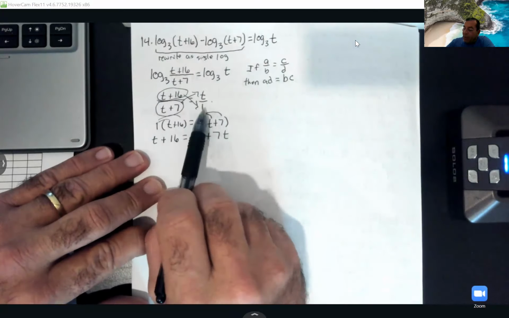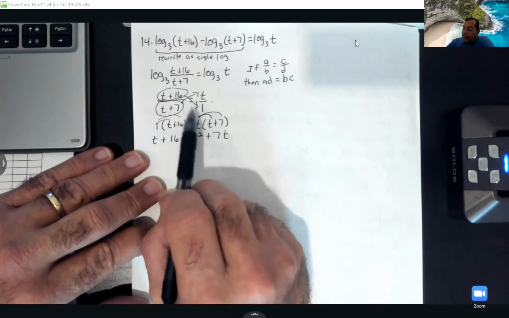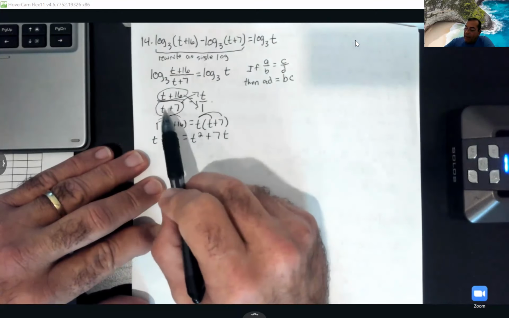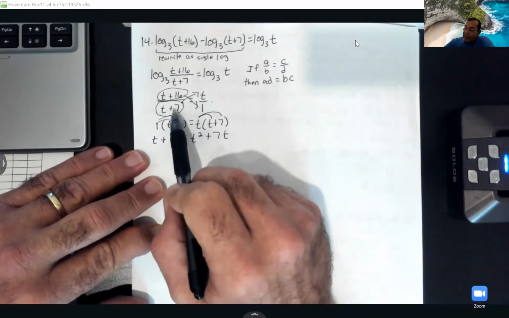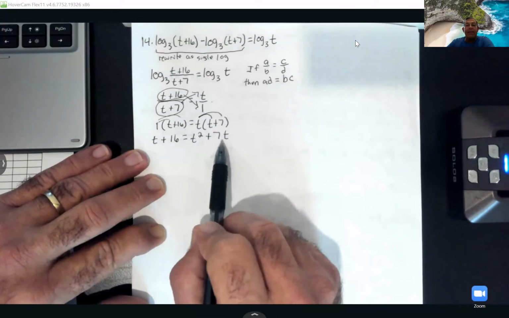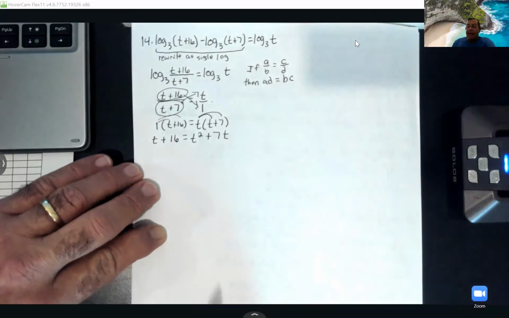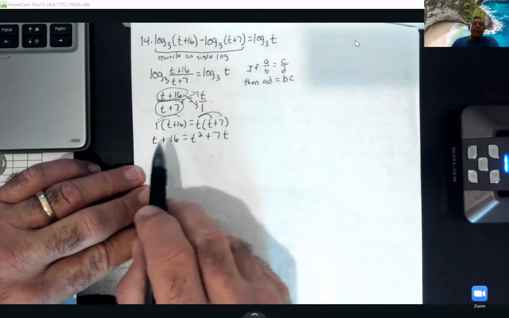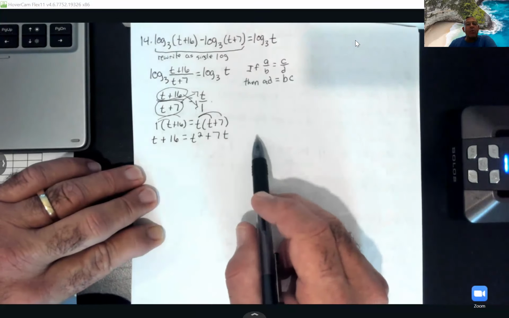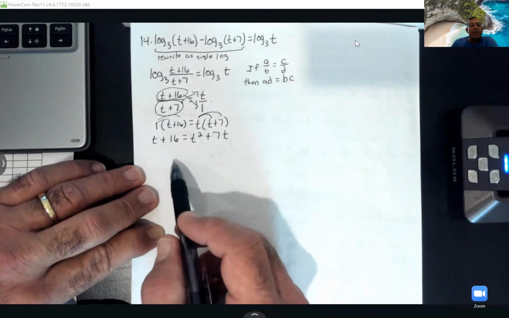So the t multiplied by 1, the 16 multiplied by the 1. This t multiplied by that t giving me t squared. This 7 multiplied by that t giving me 7t. Now, I got a t squared term and a t term. So I need everything on one side equal to 0.